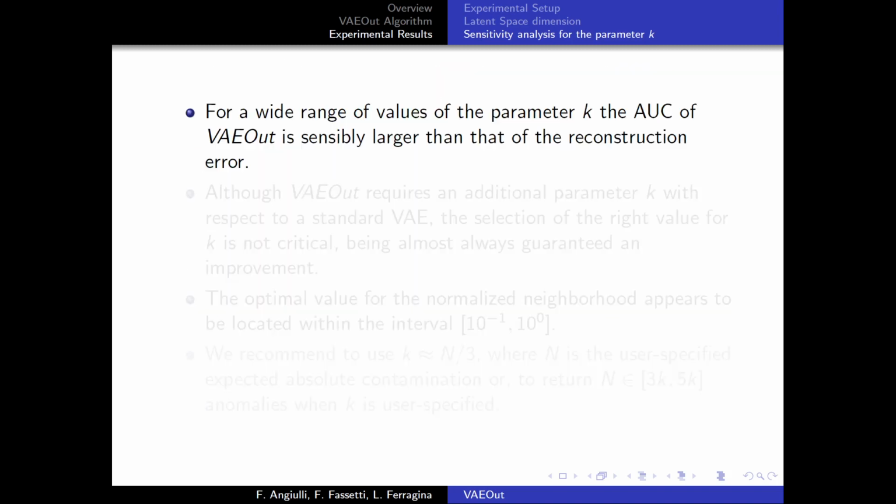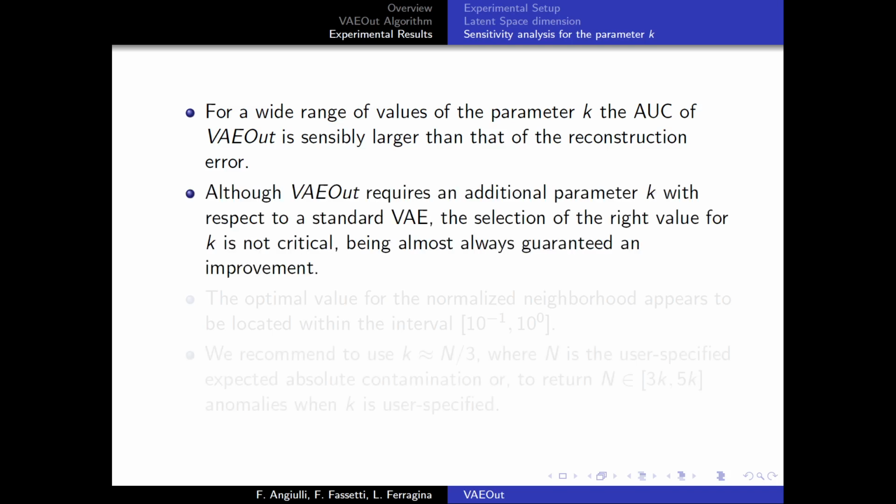We can see that for a wide range of values of the parameter k, the area under curve of variational autoencoder out is sensibly larger than that of the reconstruction error. And although our algorithm requires an additional parameter, k, with respect to the standard variational autoencoder approach, the selection of the right value for k is not critical, since an improvement is almost always guaranteed.